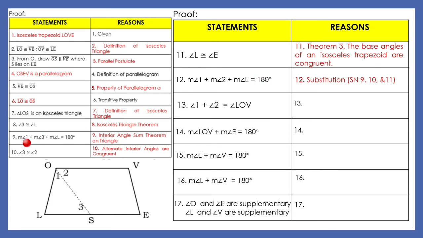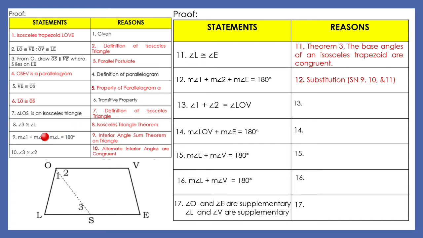So, this is our statement 9. Measure of angle 1 plus measure of angle 3 plus measure of angle L equals 180 degrees. Statement 10 natin, angle 3 is congruent to angle 2. And for statement 11, we have angle L equals angle E.